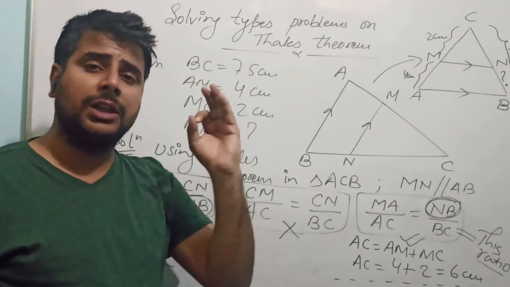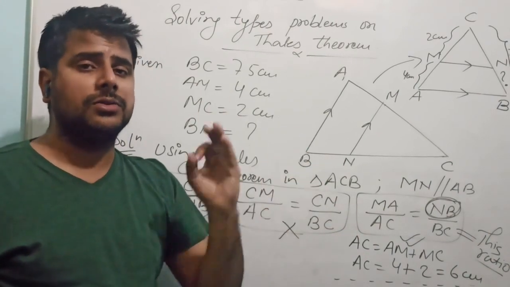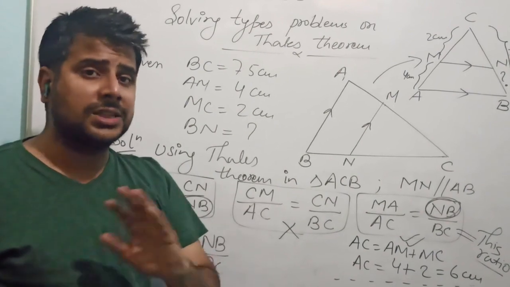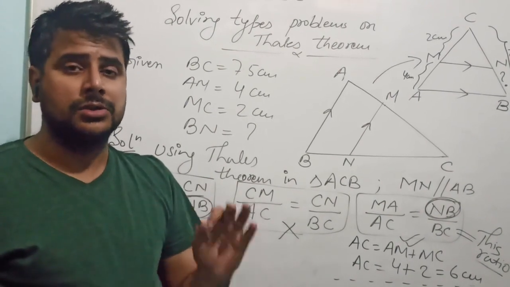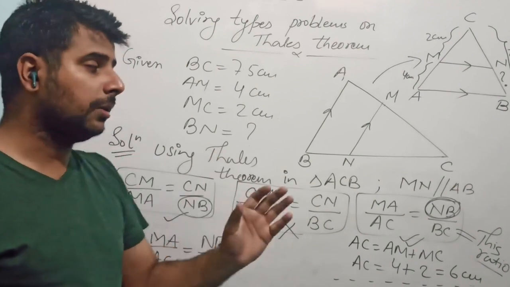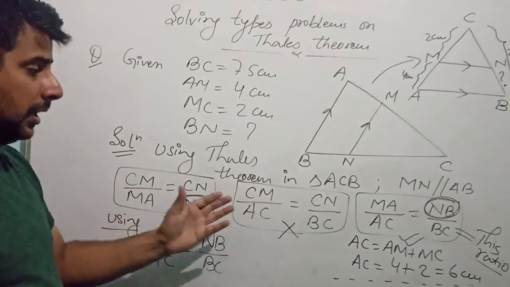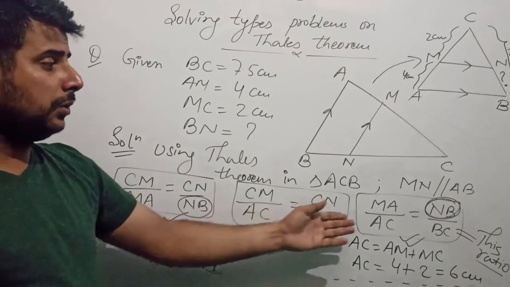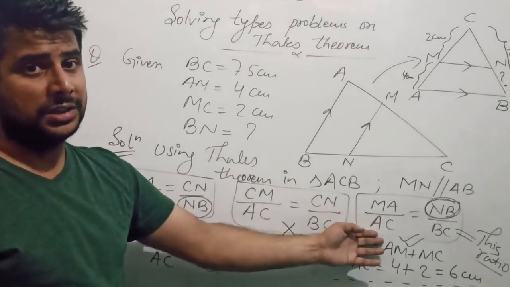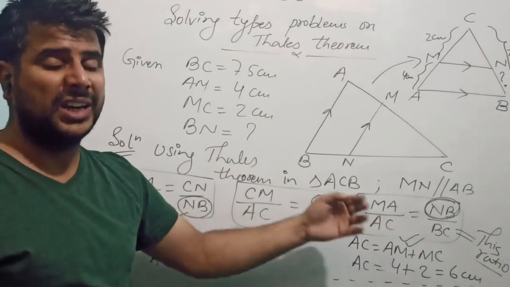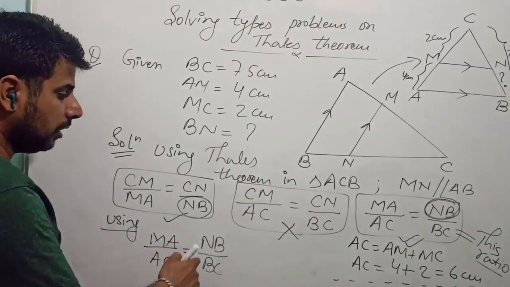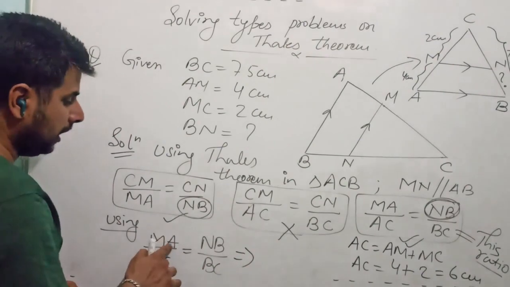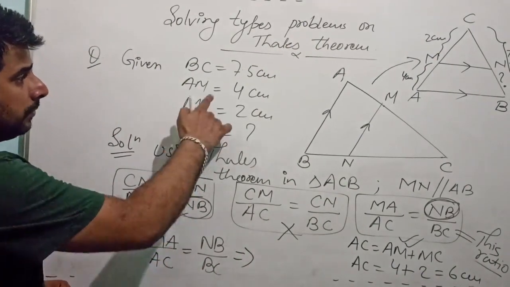Then only you will put the values over it and try to solve it. Without selection, you are not able to solve. Remember this, what I am saying. So first, please try to repeat the video from where I have explained how we are going to use this one. This one will be very useful, very easy to use. Okay, now substitute all the values here. MA, that is your AM, 4 centimeter.